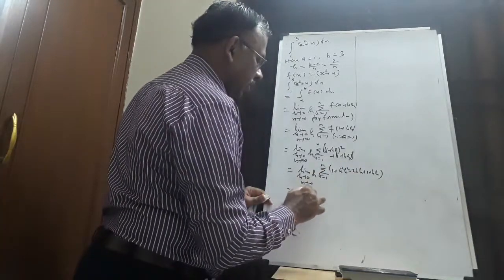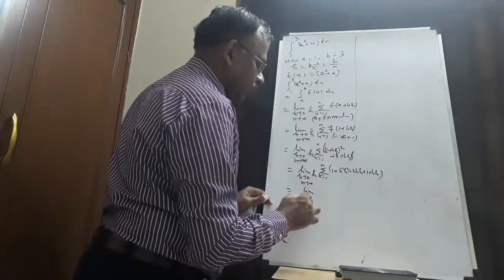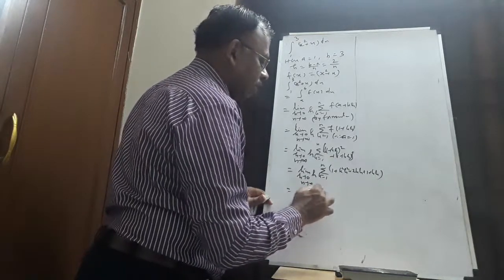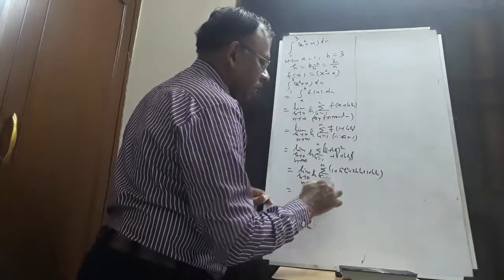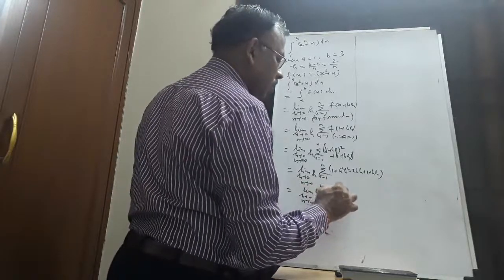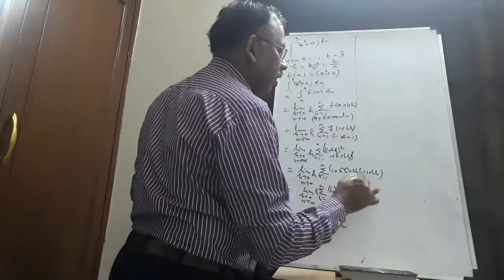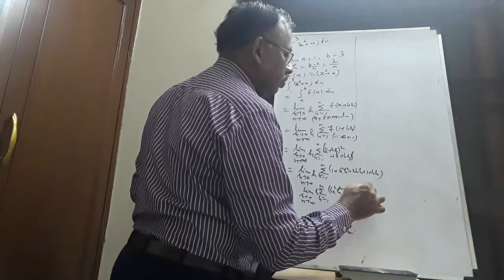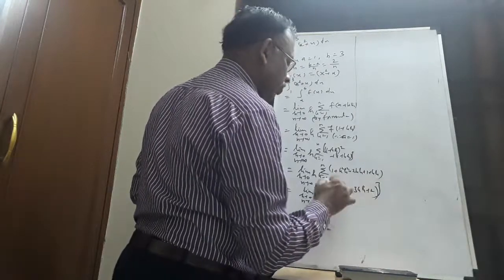Let me start writing from the highest power. Therefore, I will have h into sigma k equal to 1 to n of k square h square plus 3kh plus 2. I think it is clear to you.